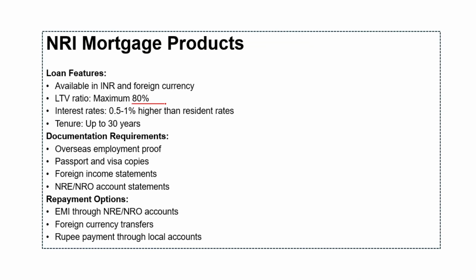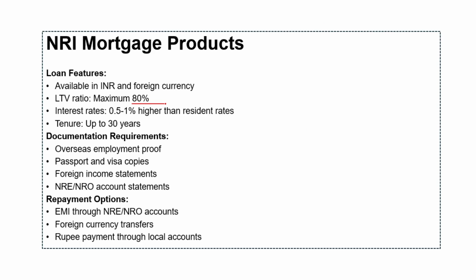They don't have the same protection which is available within Indian geographical boundaries. They don't have the same options available outside India. So the recovery is a big issue. So, LTV ratio maximum 80%.